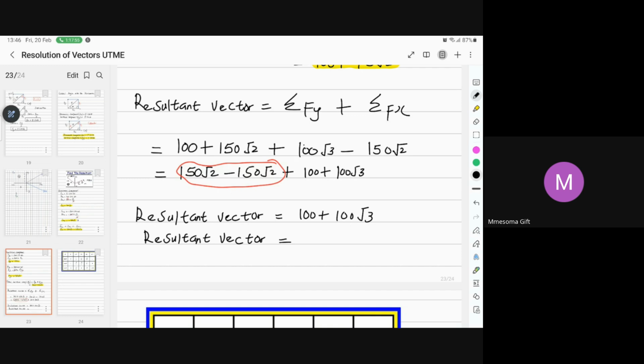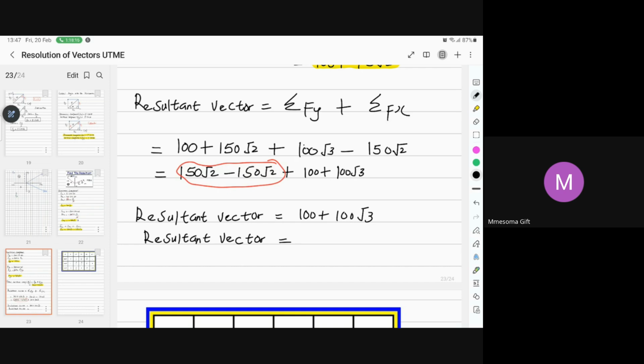Okay, thank you so much. 273.2. Others, do you agree? I want people that use scientific calculator. I don't need those that use the calculator they use in selling provision store. So 273.2 is very correct.